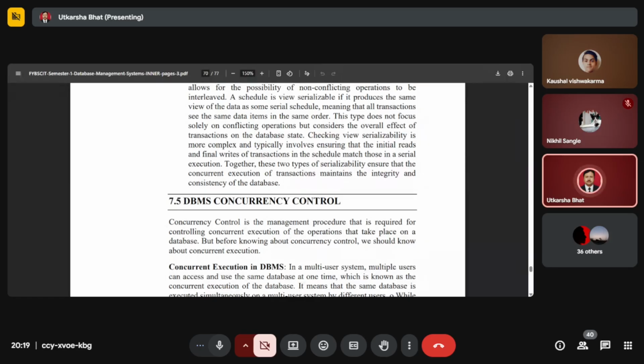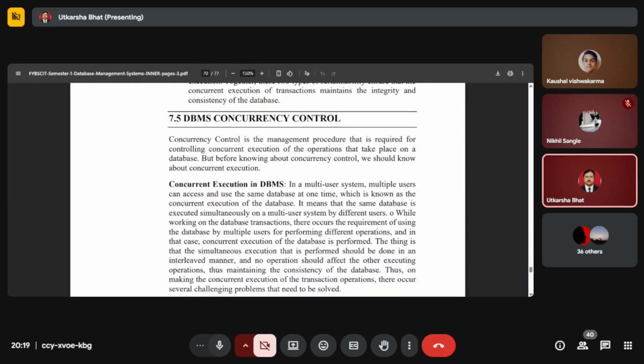by different users. While working on database transactions, there arises a requirement of using the database by multiple users for performing different operations. In that case, concurrent execution of the database is performed.